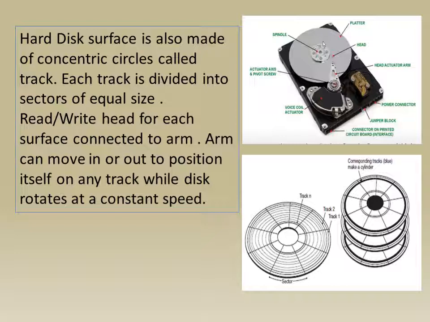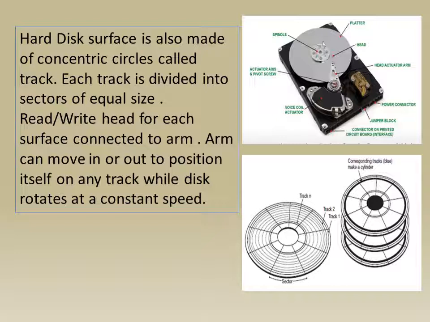As I told, the read-write head for each surface is connected to an arm. The read-write head is the instrument through which you can read data from the disk or write data to the disk. The arm can move in or out, and this movement takes place only in or out.